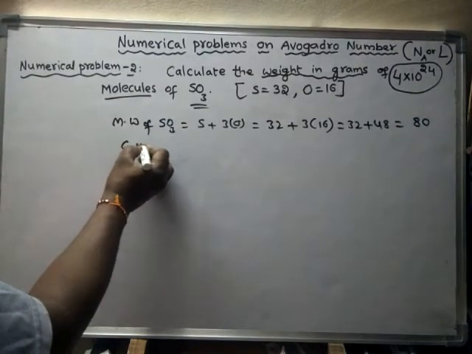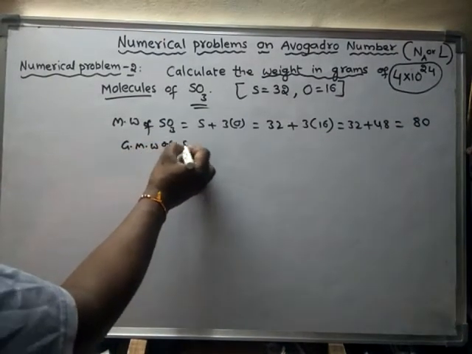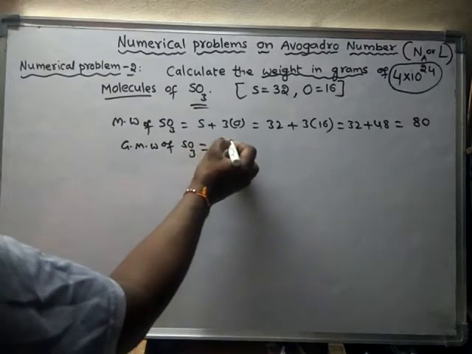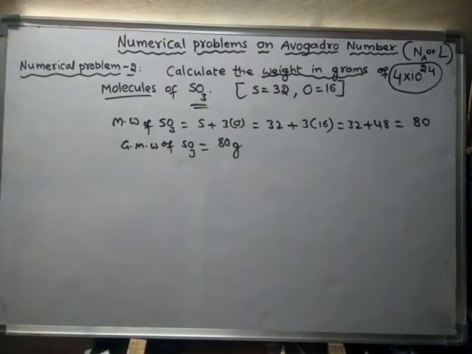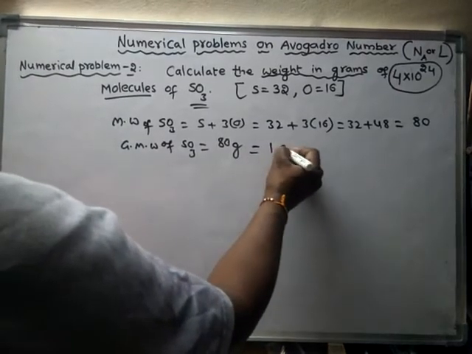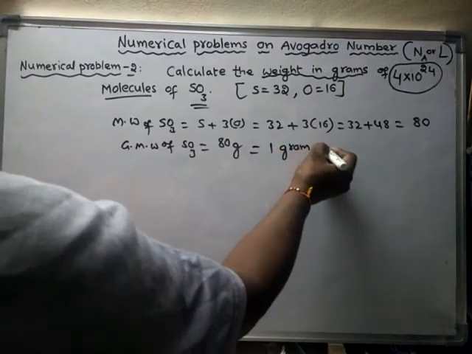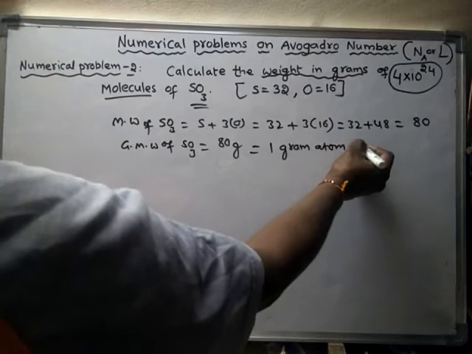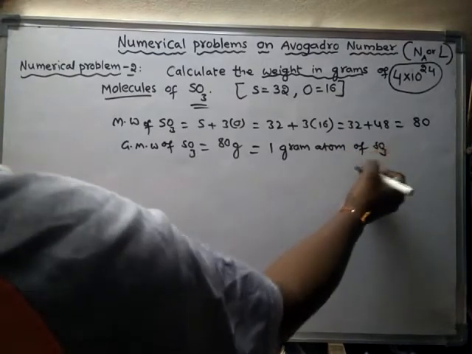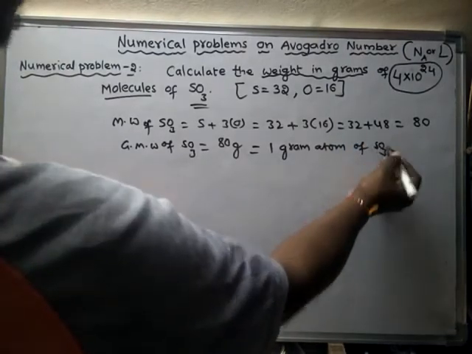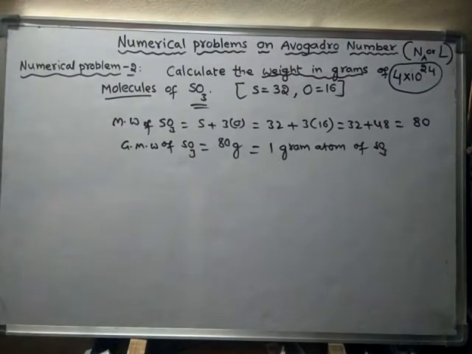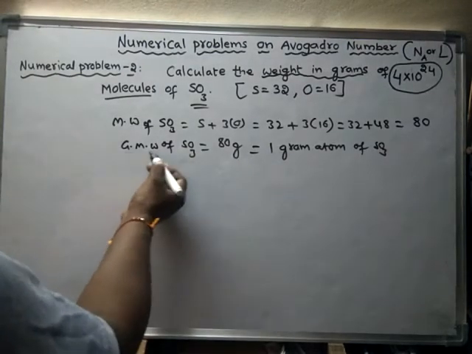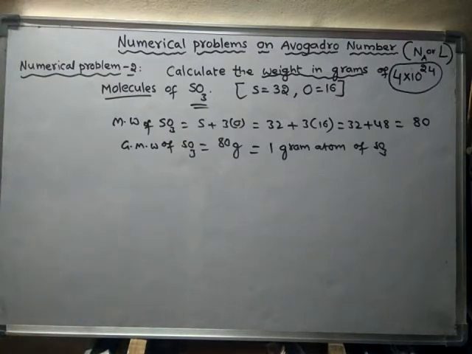Therefore gram molecular weight of SO3 will become what? 80 grams, which is also equal to 1 gram atom of SO3. The weight of 1 gram atom of SO3 is 80 grams, or else gram molecular weight of SO3 is 80 grams.